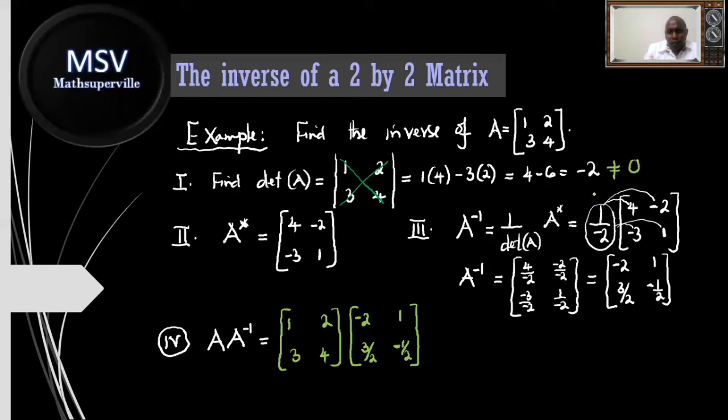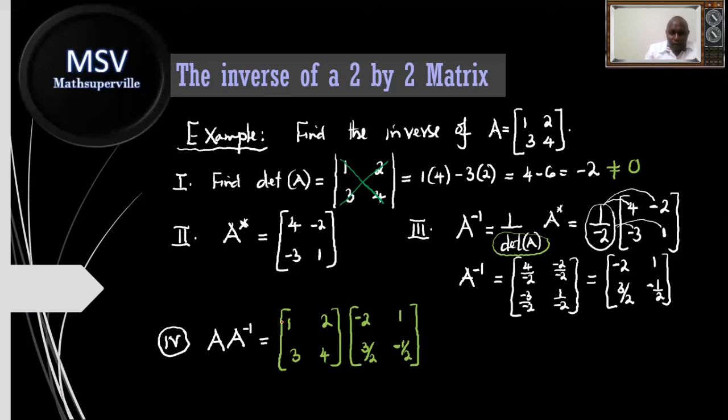Because if the determinant is 0, then you will end up dividing by 0 at some point, and that is when you're finding the inverse. And if you divide by 0, of course, you will end up with some undefined result. And in that case, we will classify matrix A as singular, or another way to say it, it is non-invertible.